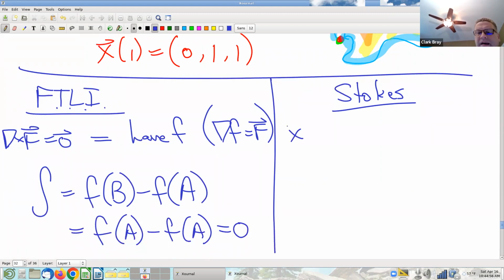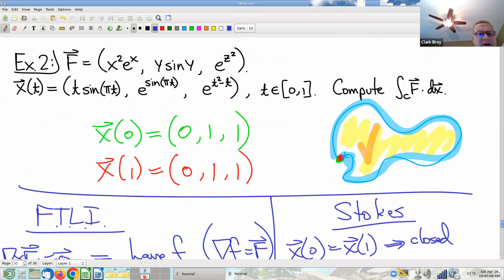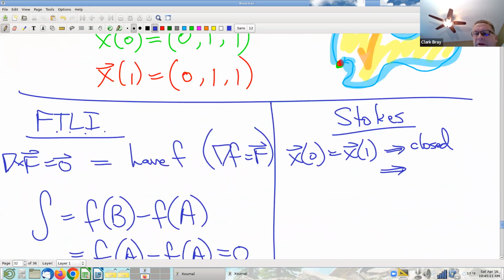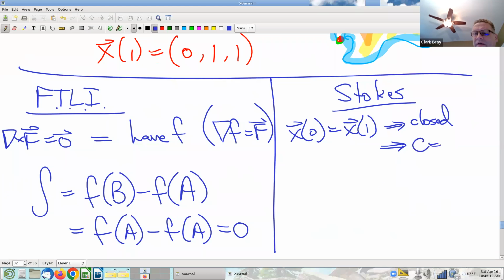So let's see, x of 0 equals x of 1, which implies that this is a closed curve, which implies that my curve, did I name my curve? I did not name it. Well, anyway, I'm going to name it C, is the boundary of some surface S.